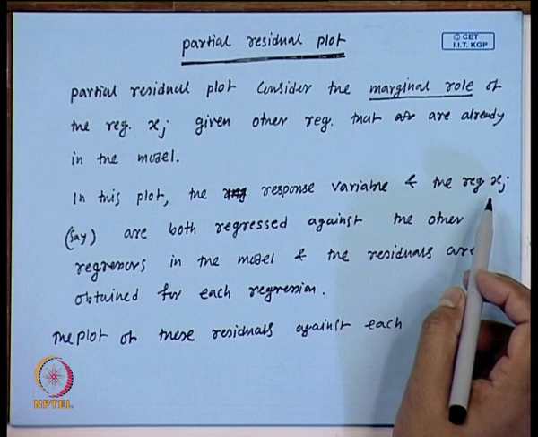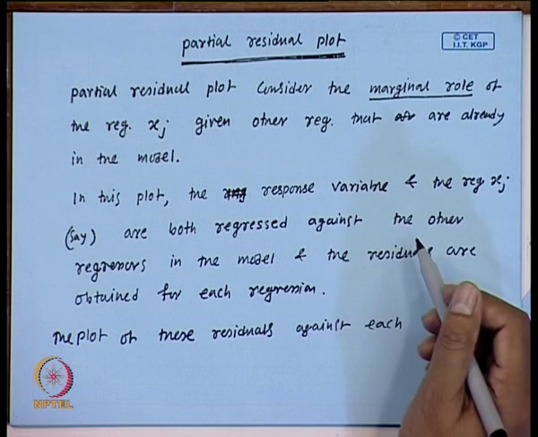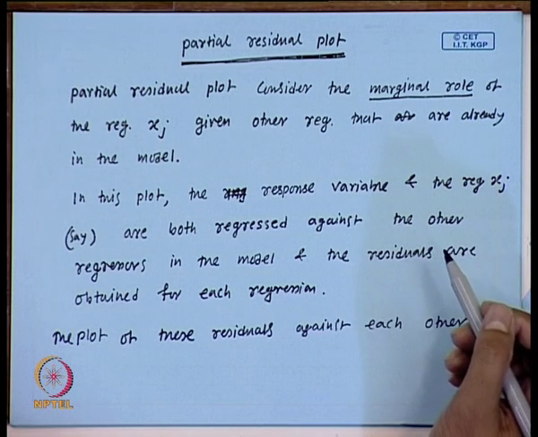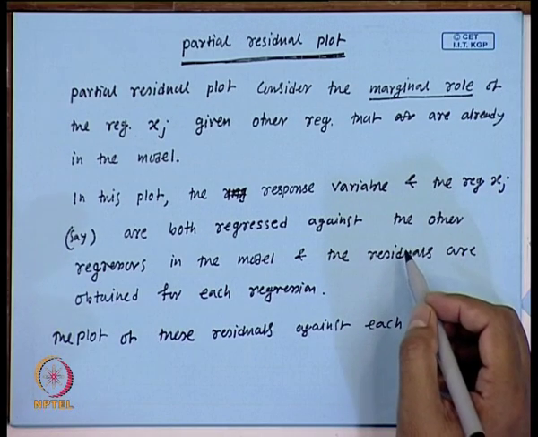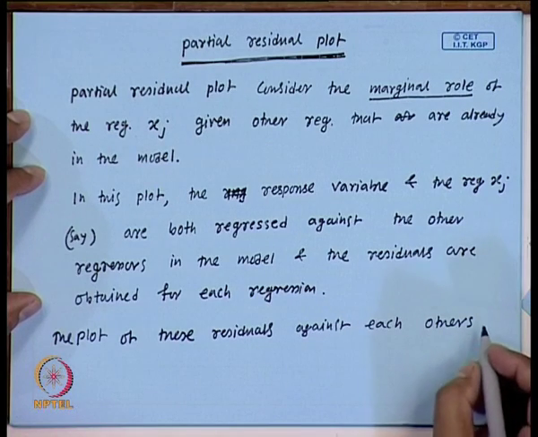The other is that xj is regressed on the remaining regressors. Once you have the fitted models for these two regressions, you will get the corresponding residual values, and then you plot those two residuals against each other to get this marginal residual plot.